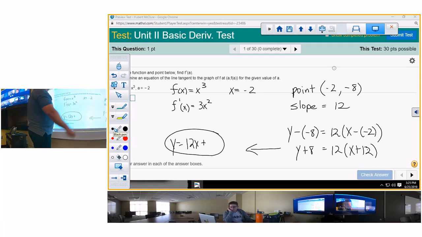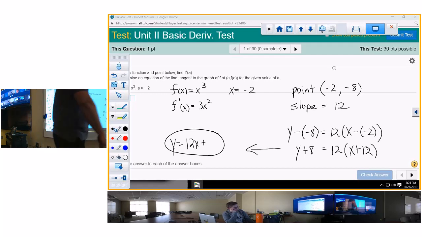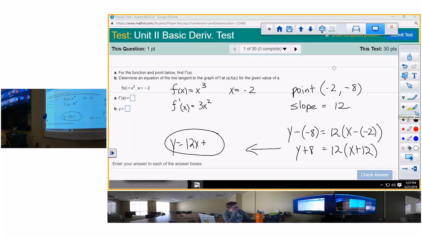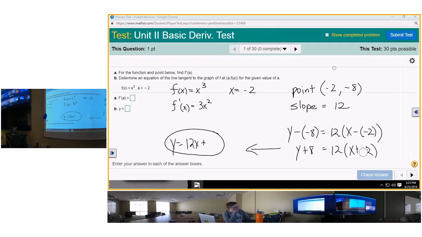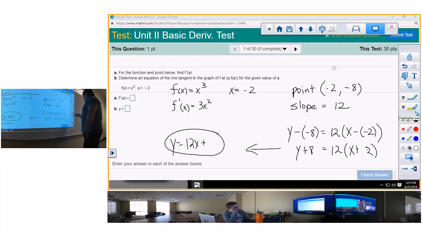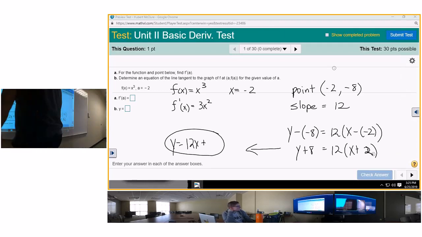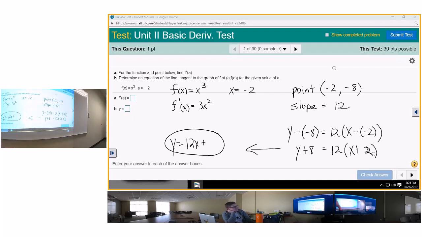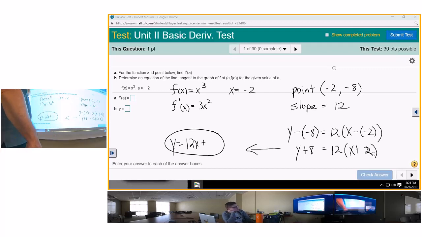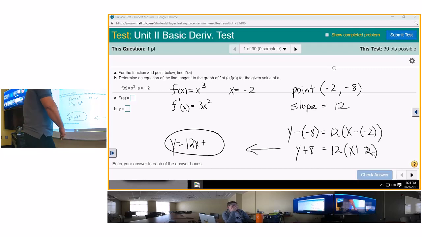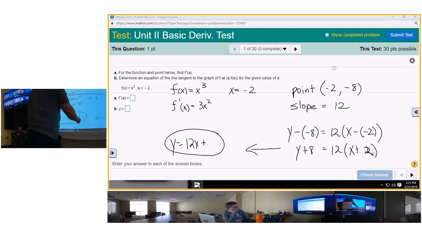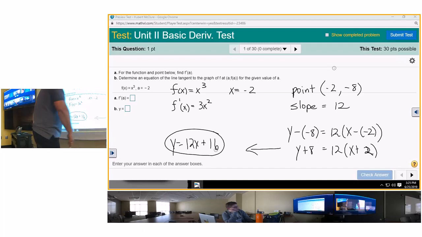Oh, that's nice. I like how I made a 2 into a 12. Sorry. I just made a 2 into a 12. 12 times 2 is 24, and what's 24 minus 8? So it was right. 16, right?